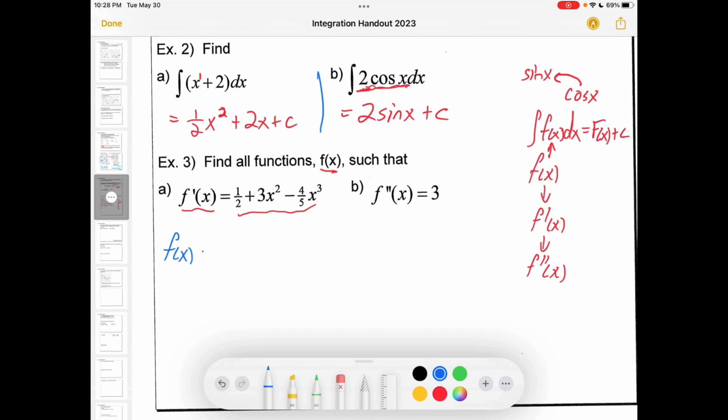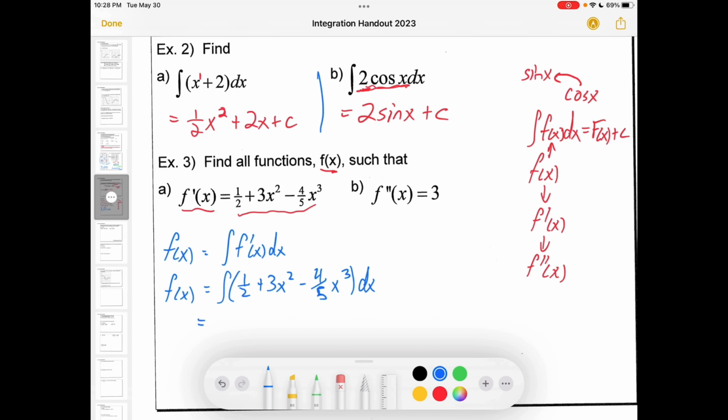F is just going to be the integral, which is almost the same as the antiderivative of f prime. So that would be the integral of 1/2 plus 3x squared minus 4/5 x cubed, dx.